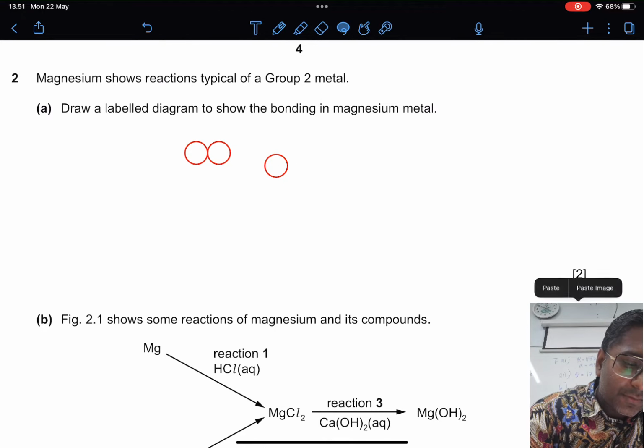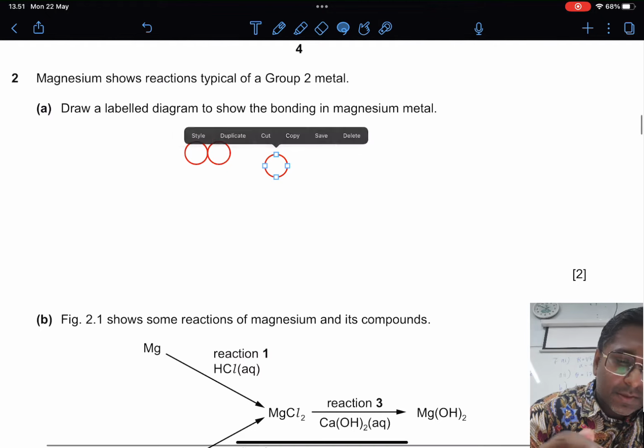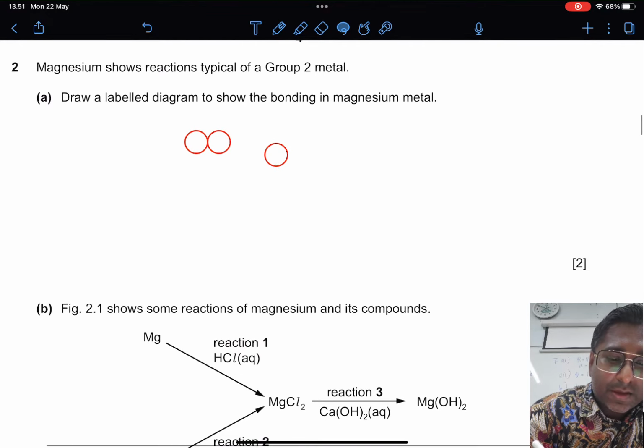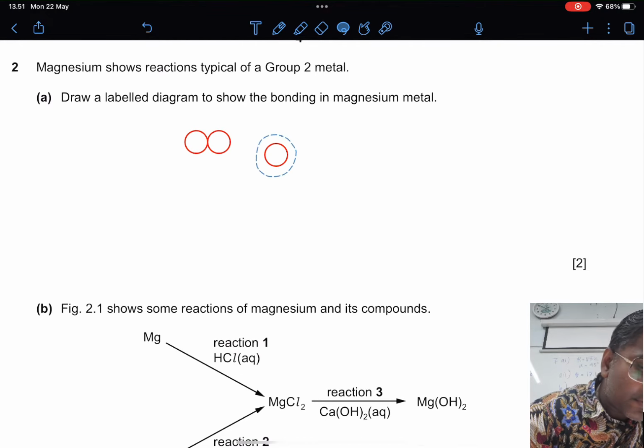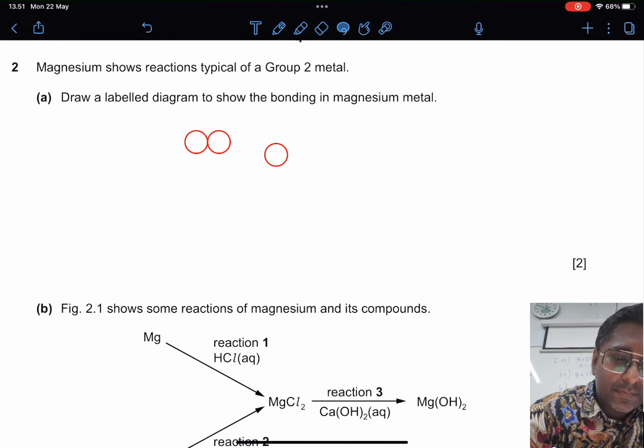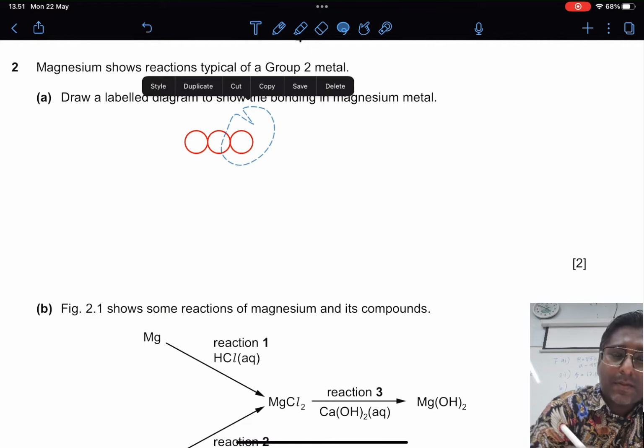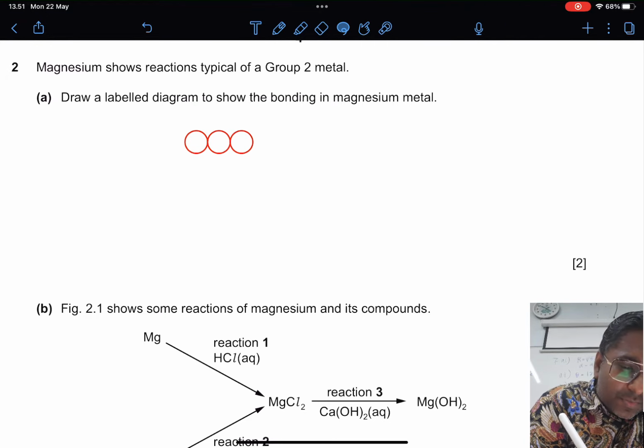Okay, the idea is to show that this is going to be cations. Okay, I think I'll just simply draw.